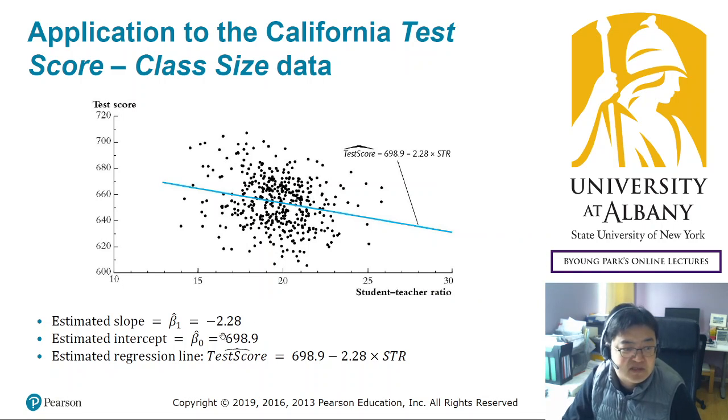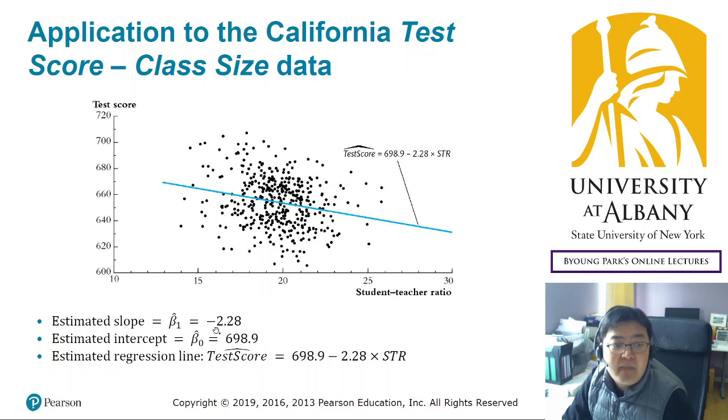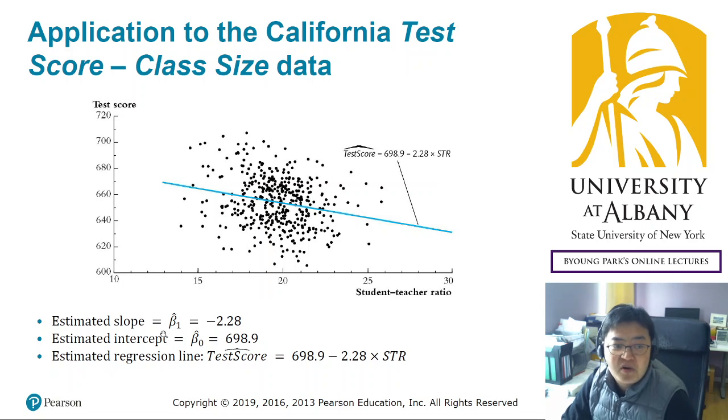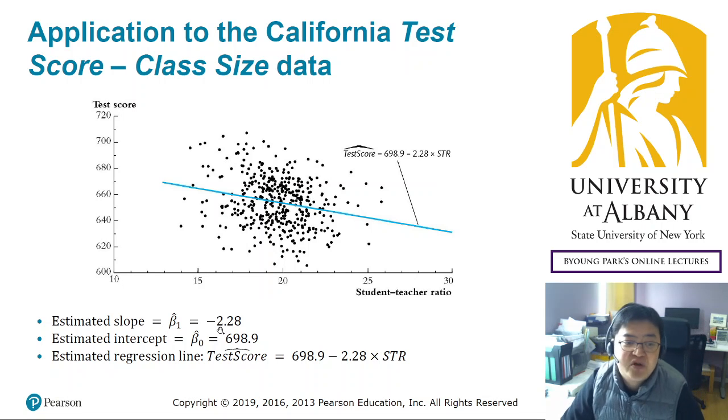And the detailed numbers: the slope is estimated to be minus 2.28, which means when the number of students per teacher increases by 1, then the test score decreases by 2.28 points.